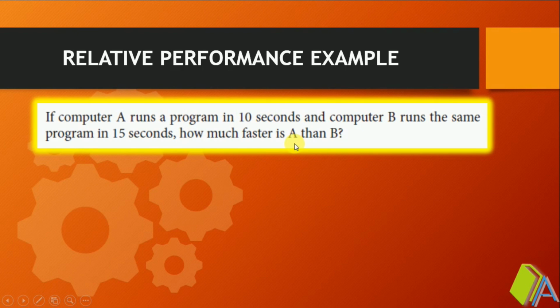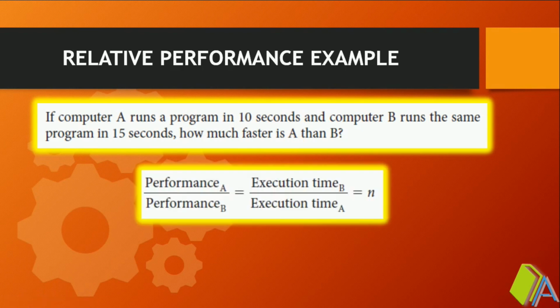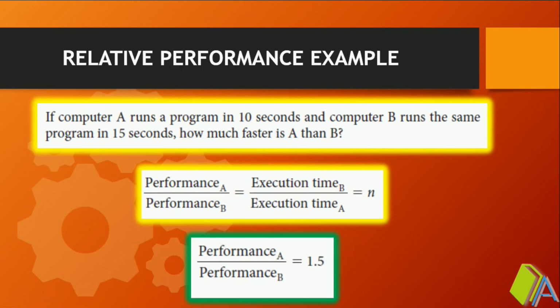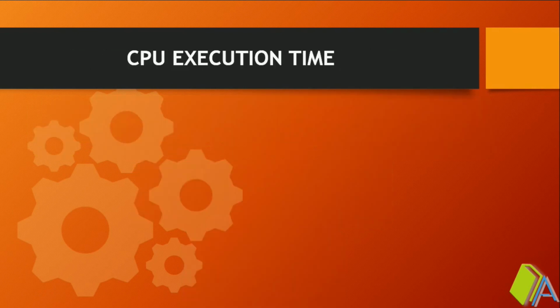From the relative performance equation, we can substitute the values for B and A execution time. So 15 by 10. So you can conclude that system A is 1.5 times faster than system B.